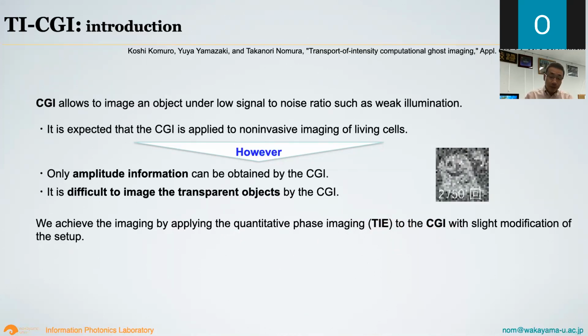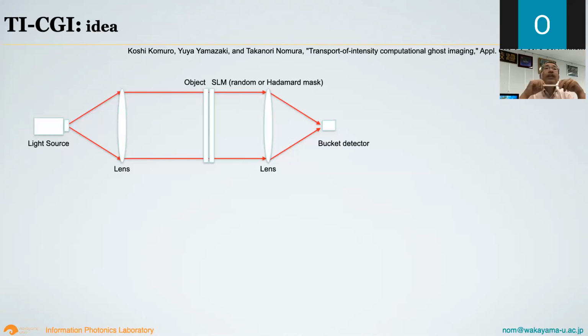Let me move to our idea. This optical setup is a conventional CGI, with an SLM and object, where the object and SLM are in contact.